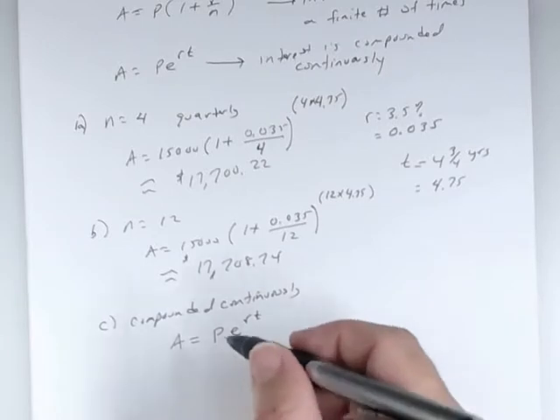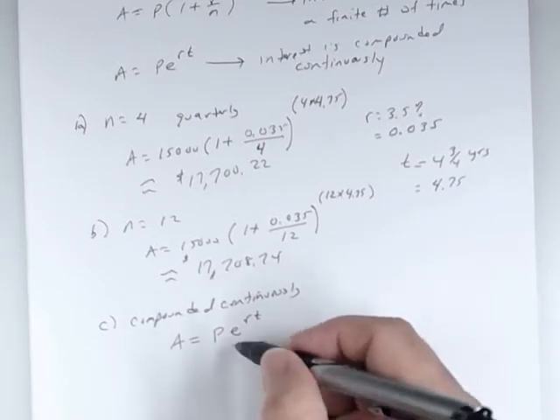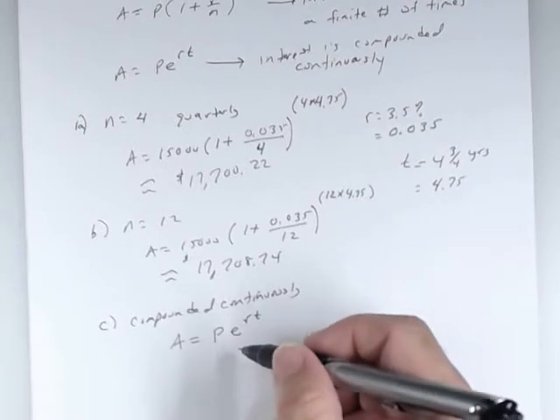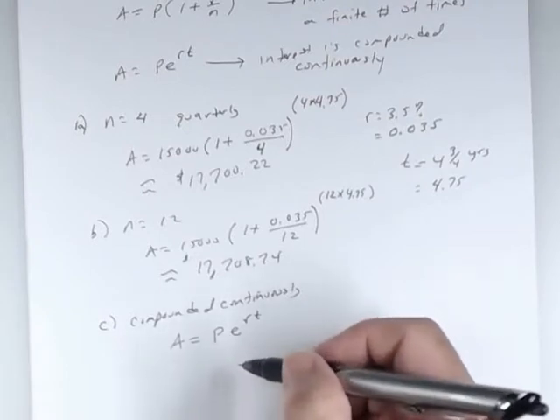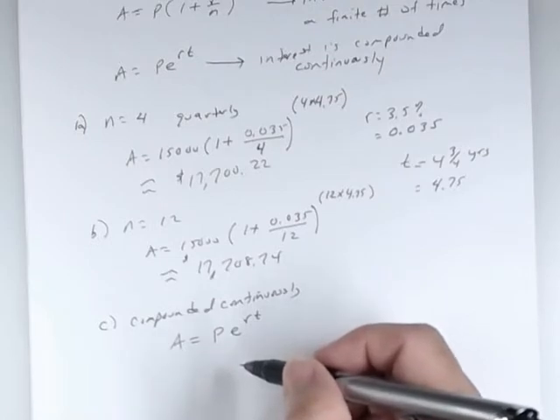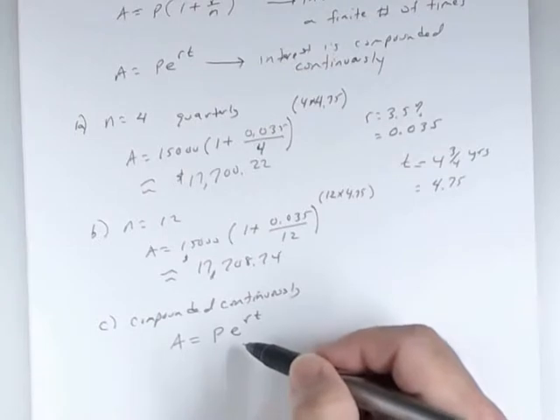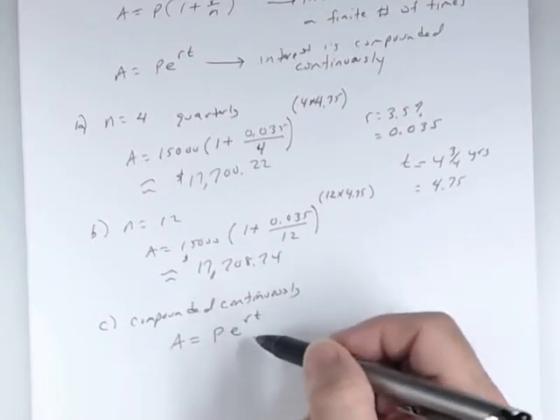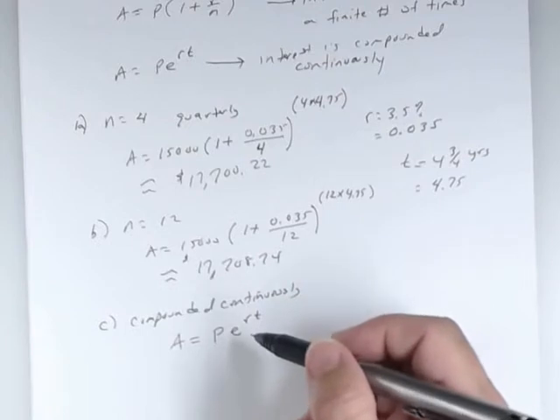Continuously is the natural base. And what letter stands for the natural base? We used the word natural base last time. The e. So e is your natural base. Whenever it's compounded continuously, that's e. There's no N involved because continuously means an infinite number of times.